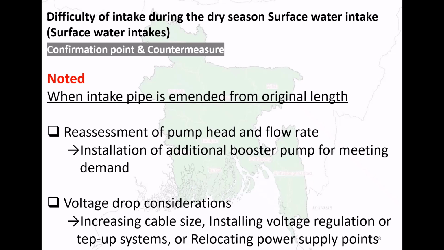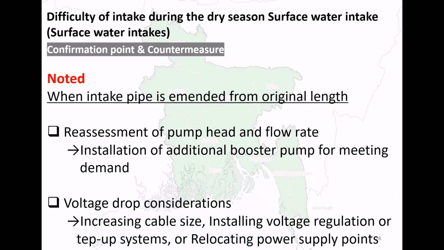When the intake pipe is extended as a countermeasure, two points should be considered. First, reassessment of pump head and flow capacity is necessary. Pipeline extension increases frictional head loss, which raises the total dynamic head requirement. As a result, effective intake flow rate decreases.